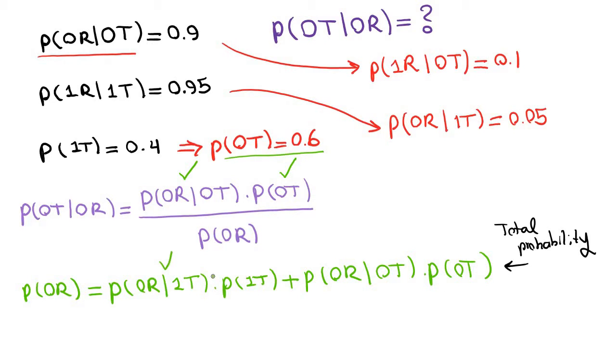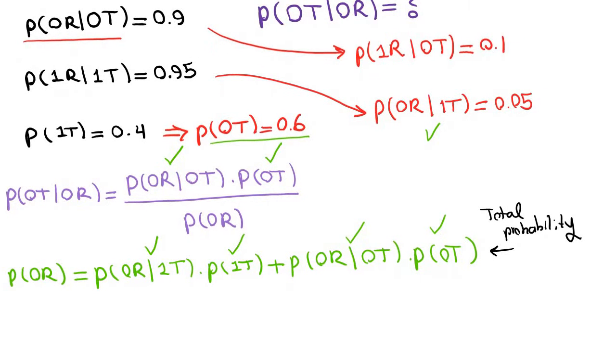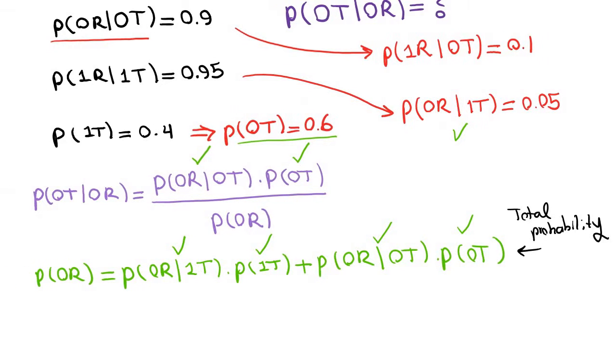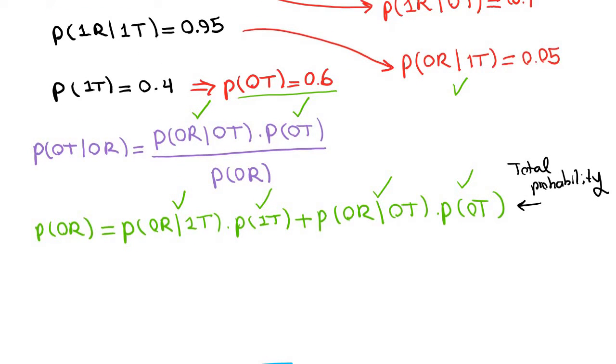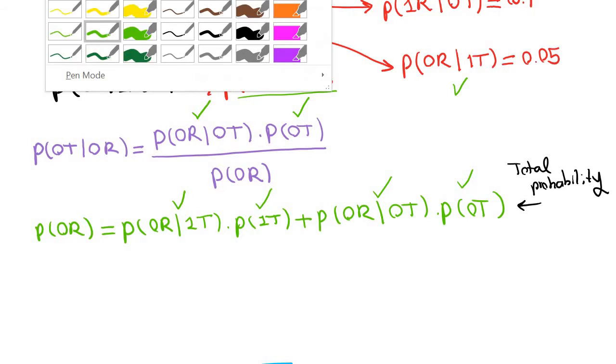We have this one from here, this one is given, and we have these two things. Okay, if I substitute in numbers, I should be able to calculate the answer.